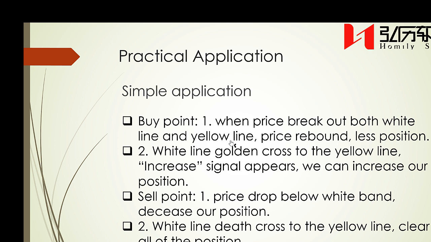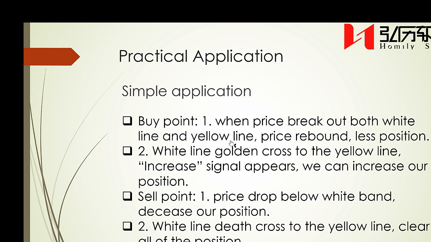If we have 10,000, we can buy 2,000 here. We cannot buy so much because it is a rebound only. And then when the white line golden crosses the yellow line, the increase signal appears, and the homely position asks us to increase position, so we can increase our position here.